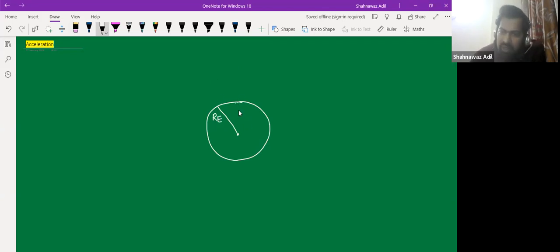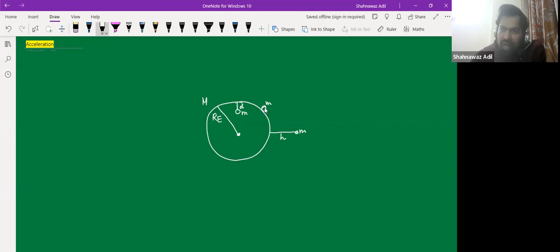Some objects are at a depth, some objects are at the surface, and some objects are at a height h from this surface. These are objects whose mass is m, and let's say the mass of the Earth is capital M.